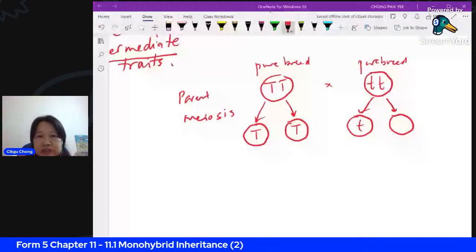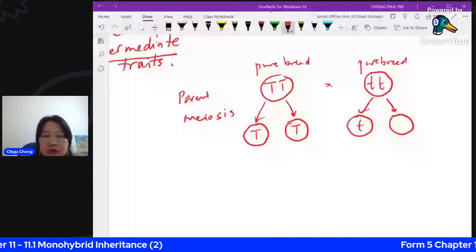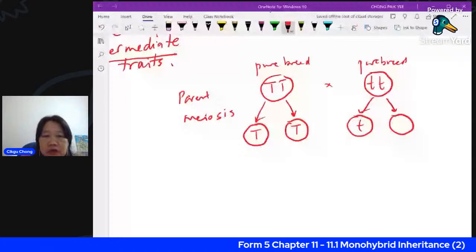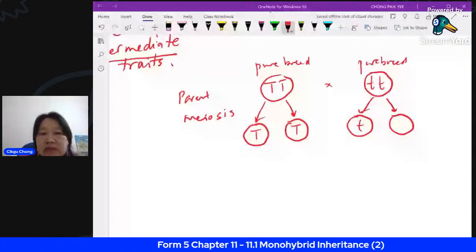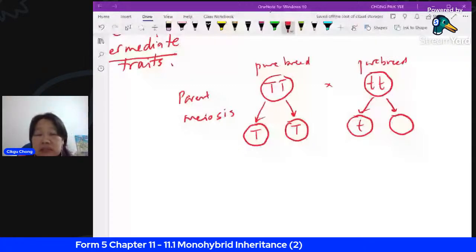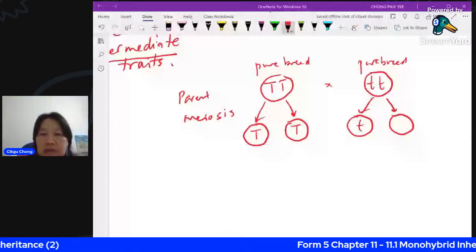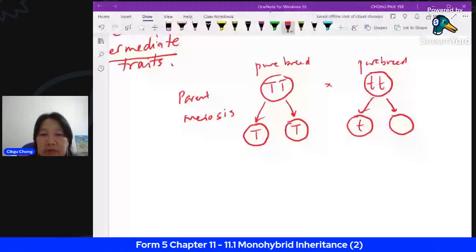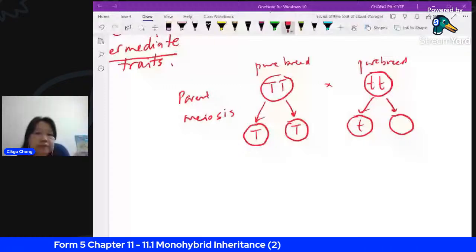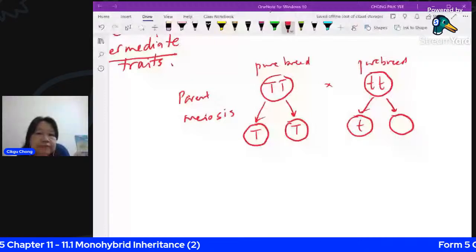Now this is one of the possible combinations. There could also be other combinations. Maybe this gamete doesn't fertilize this one. Another possibility is that your 1 can also combine with your 4, and you get the same thing, T and t. So you've already used 1 and 3, and 1 and 4.